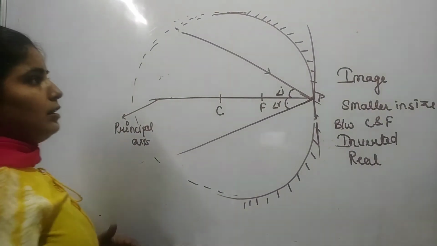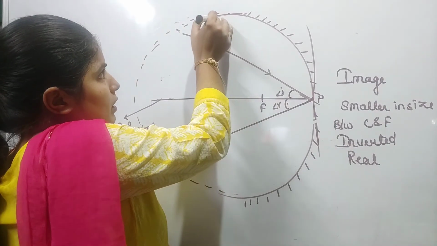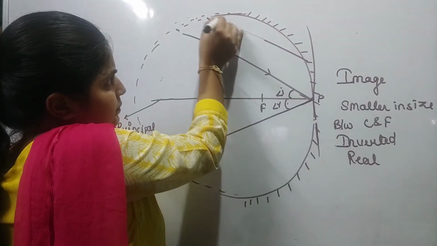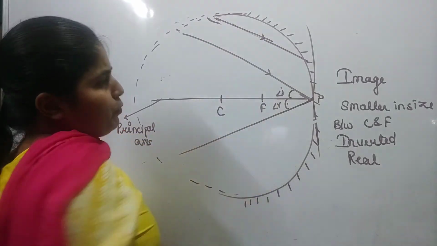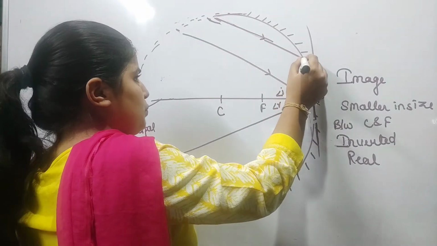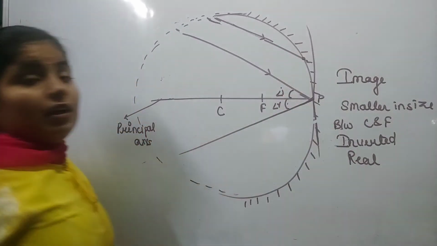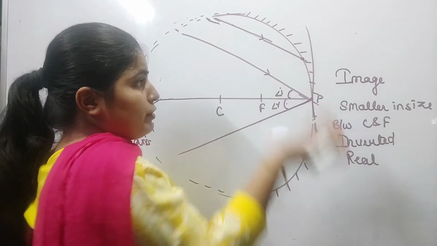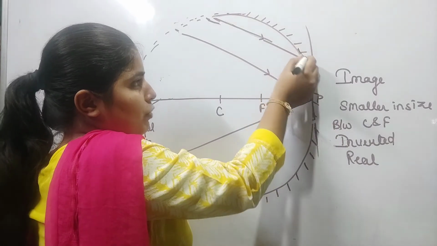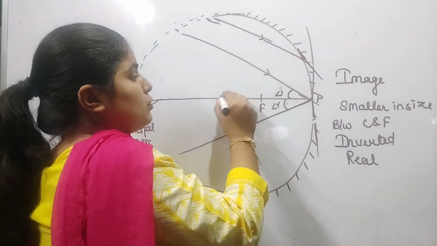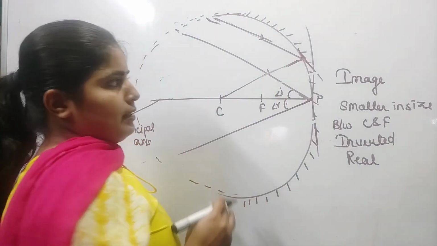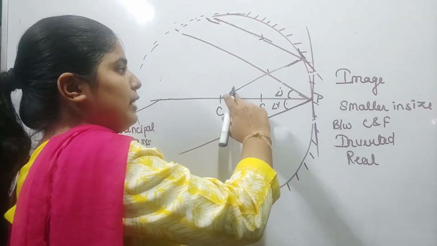Now the second ray is coming. Suppose it strikes the mirror at this one point. It will act as the point of incidence, and we will draw the tangent, and again this will act as a normal because the radius is perpendicular to the tangent.